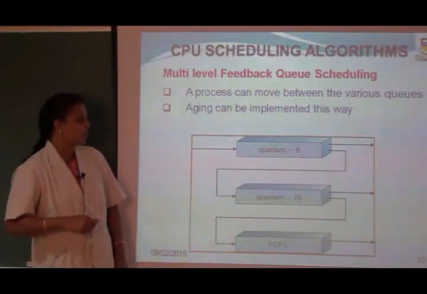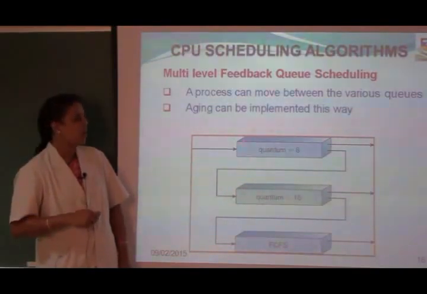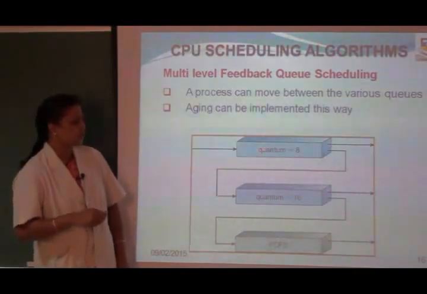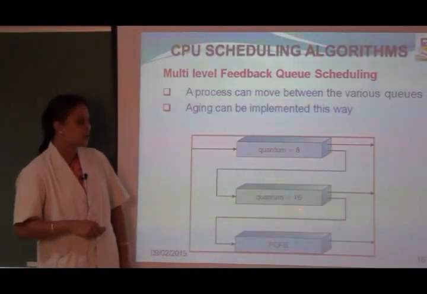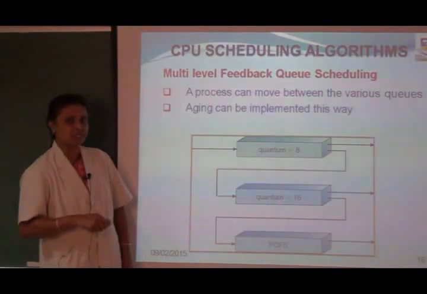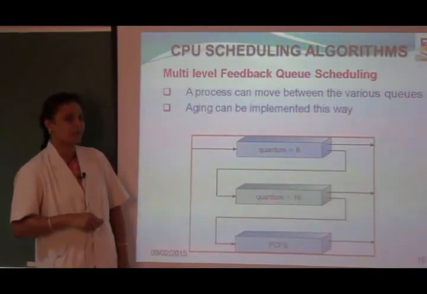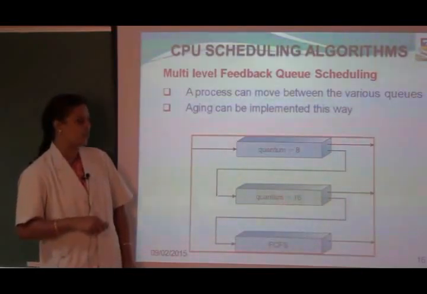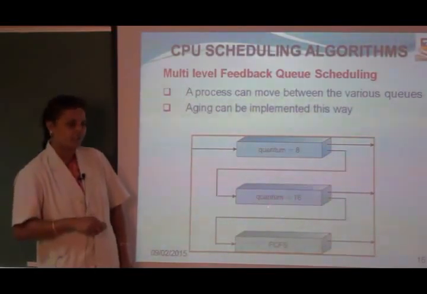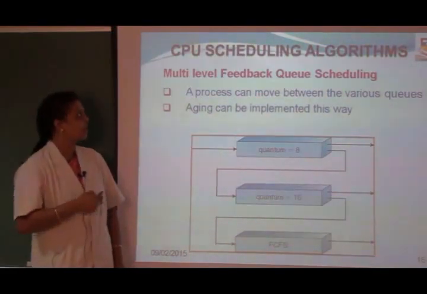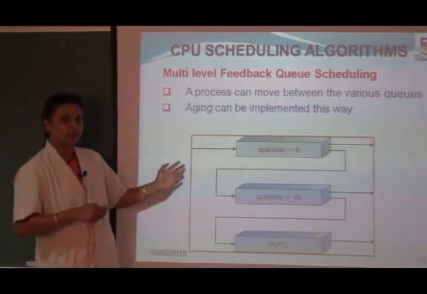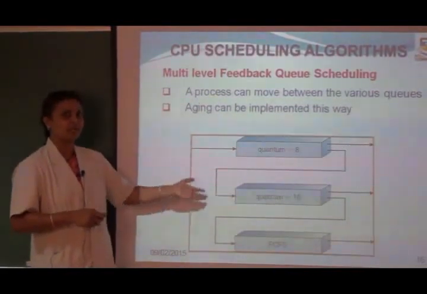Similarly, the processes in the middle level queue can be executed only when all the top level queues are empty. Here all the processes get the CPU and can be executed only for 16 milliseconds. Suppose a process execution is still not completed and it still needs the CPU, then the process is removed from this queue and moved to its next level. In this way, in the multi-level feedback queue, the processes move between different queues.